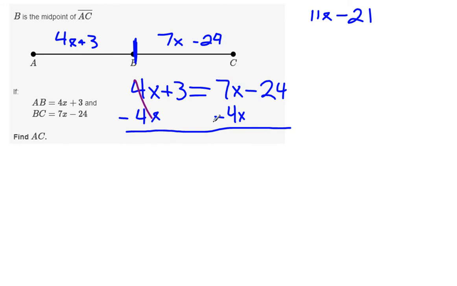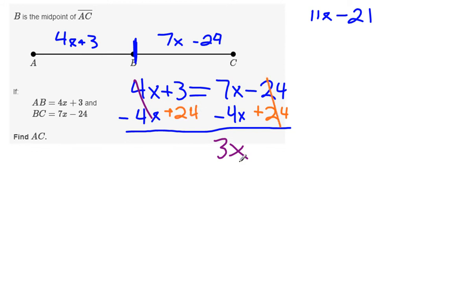Okay. So different color. This is going to cancel out. 7x minus 4x is 3x. Let's do all this in one step here. So let's bring our negative 24 to the other side. So we add 24 over here.